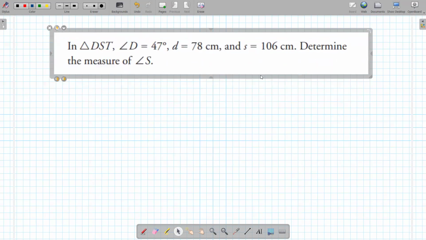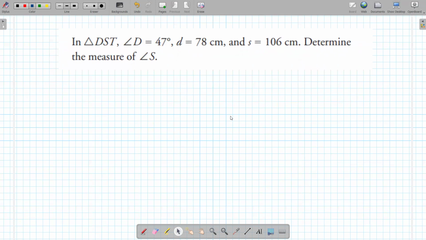This one, they haven't given us a diagram, but it shouldn't be that difficult. So in triangle DST, and the way this works is it's always in order. So DST, angle D is 47. Side length d is always going to be the side that's opposite to this angle.